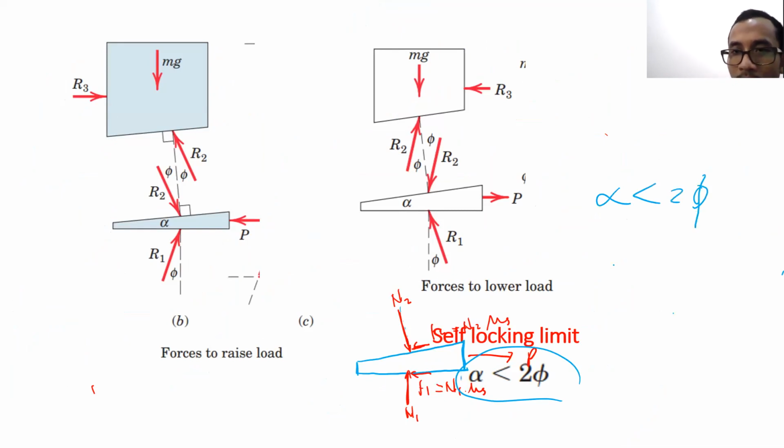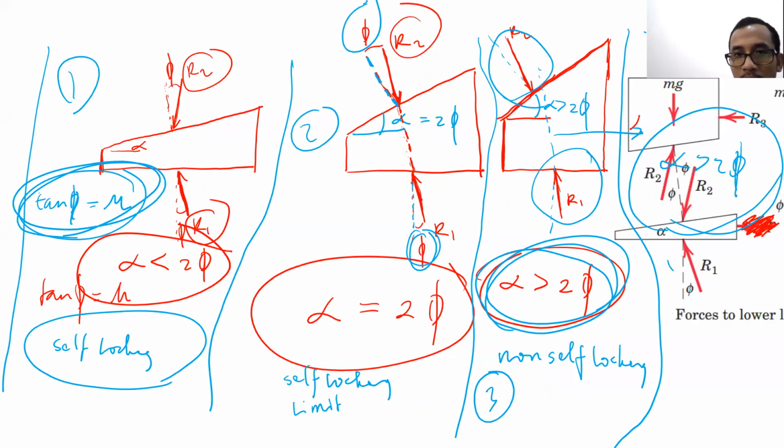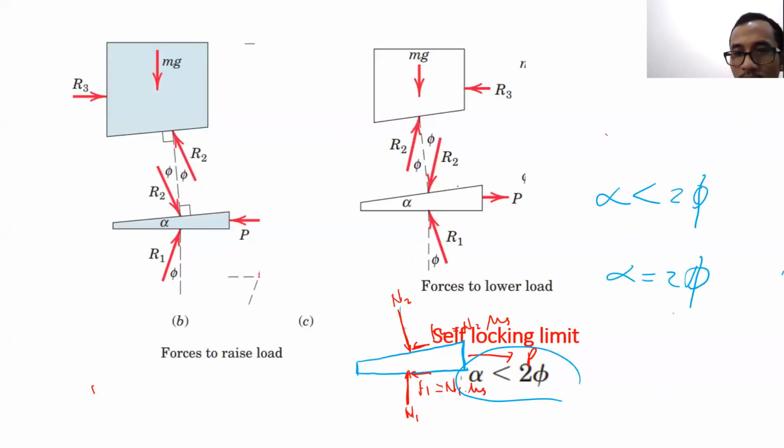Although, as I told you, alpha equal to 2 phi is still in the equilibrium condition because the force is still in the same line of action like this, right? But it is better for you to avoid that. So the best way to design the self-locking is alpha less than 2 phi.